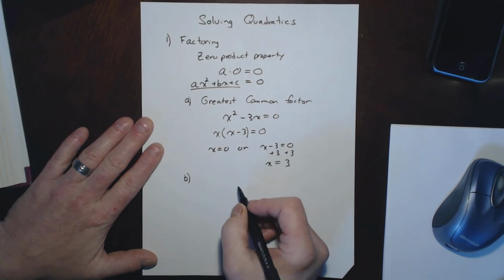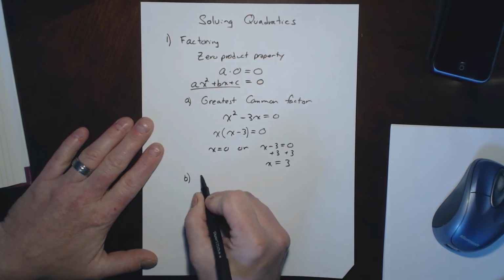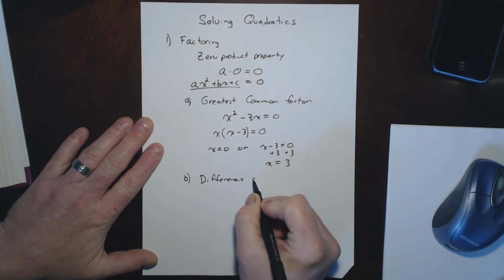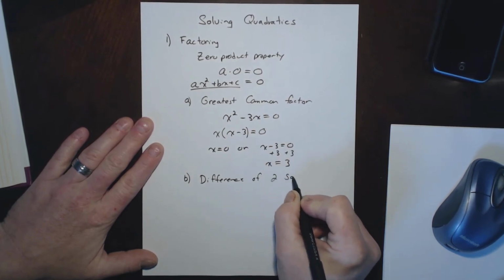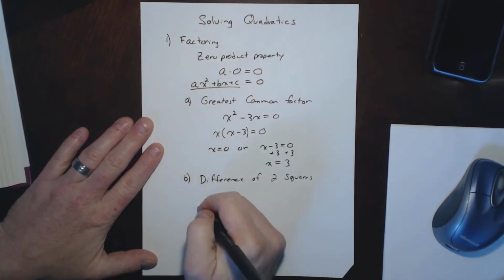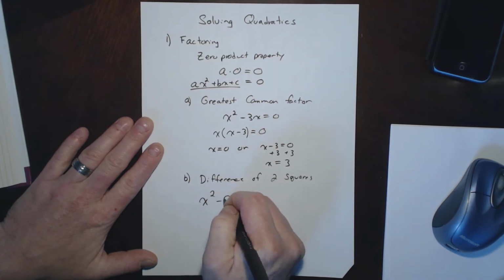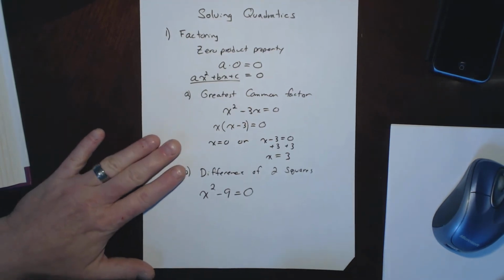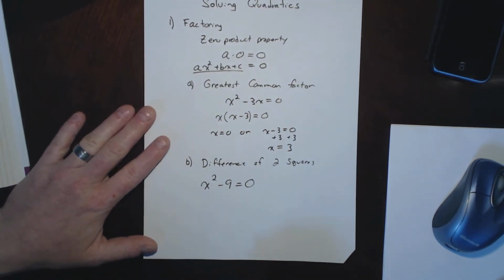Another way to solve a quadratic is the difference of two squares. Here we have an equation where we have x squared minus 9 is equal to 0.